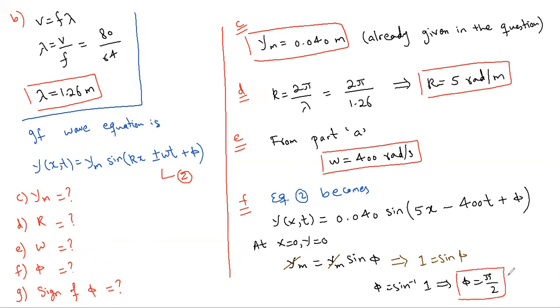Since phi is positive, the sine of phi will be positive. But we have to calculate the correct choice of sign in front of omega, not in front of phi.